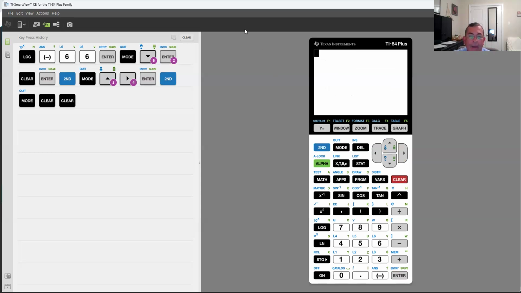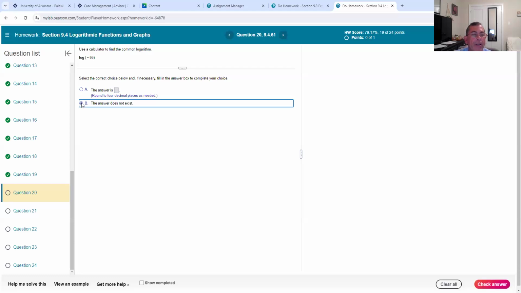So on MyLab, you would put the answer does not exist. There's nothing I can do to a 10, multiplying 10 times itself, to make it a negative number, okay? So remember that. We cannot take a log of a negative number.